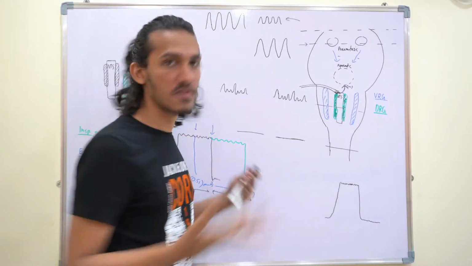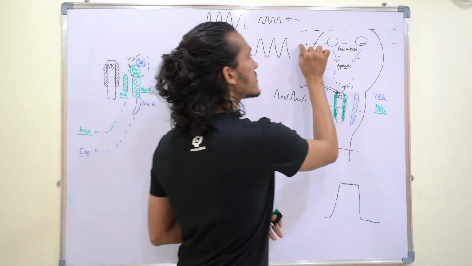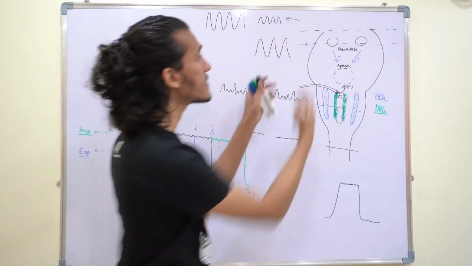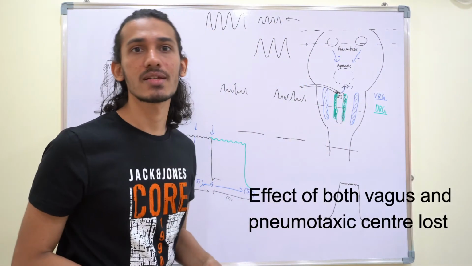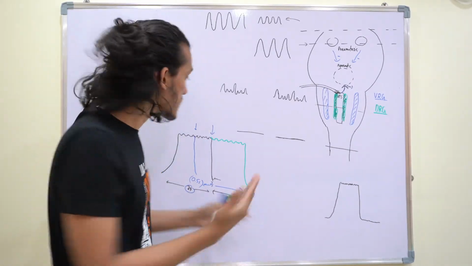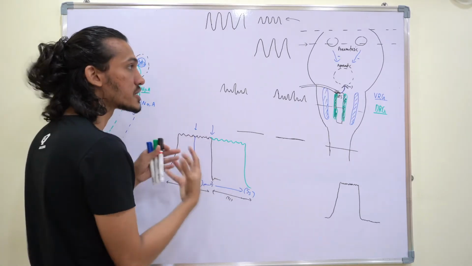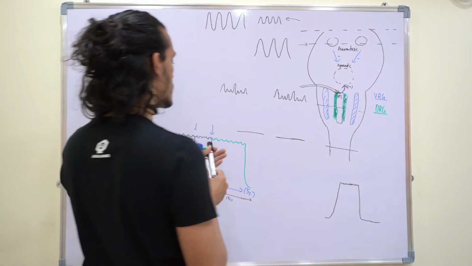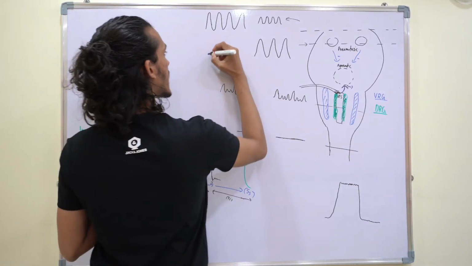What if both of them are not there? So let's take a transection at this point. You cut the pneumotaxic center, and at the same time, you cut the vagus as well. So we cut both the vagus and the pneumotaxic center. So there is literally no inhibition on the apneustic center. So it keeps prolonging. That is what is called the apneustic type of breathing.